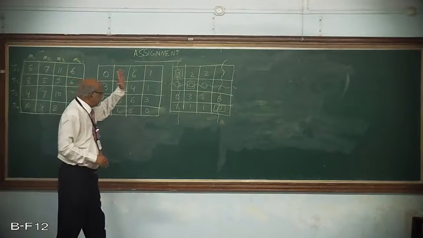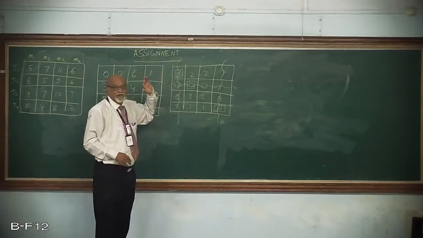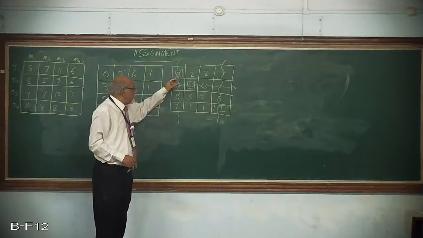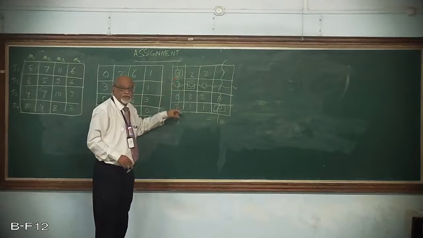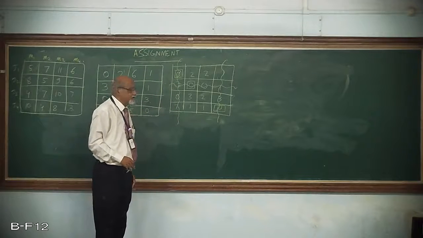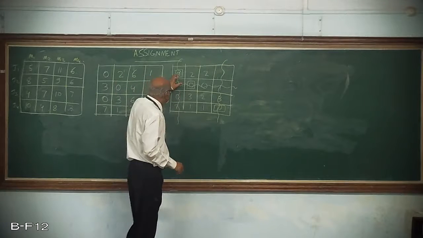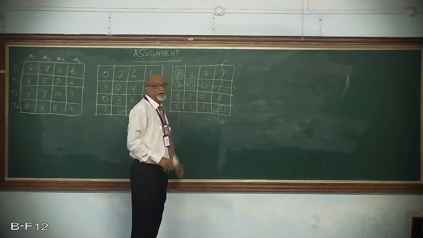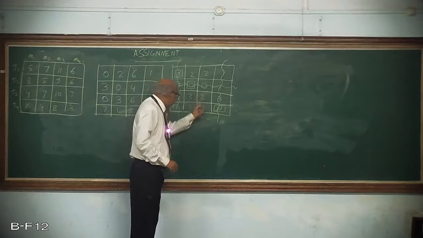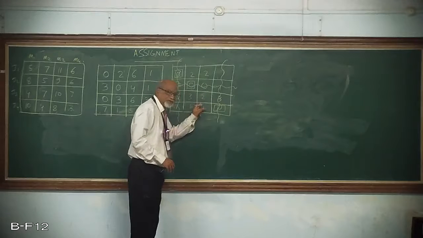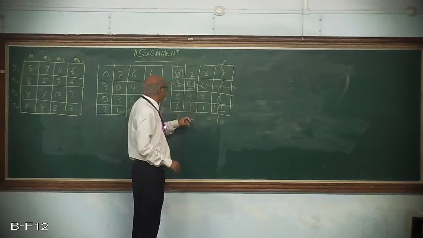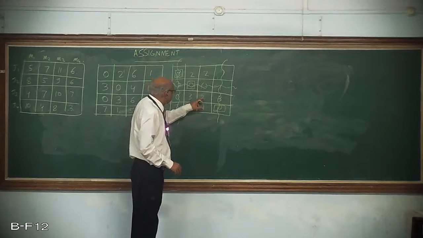The marked values should satisfy each row and column. Because now how many marked values are here? There are only 3 marked values. 1, 2, 3. That means there is no assignment in the third column, or there is no assignment in the third row.